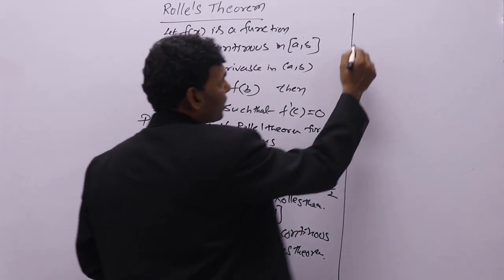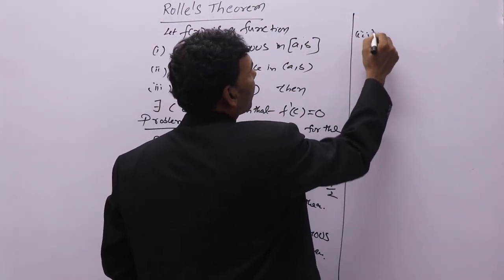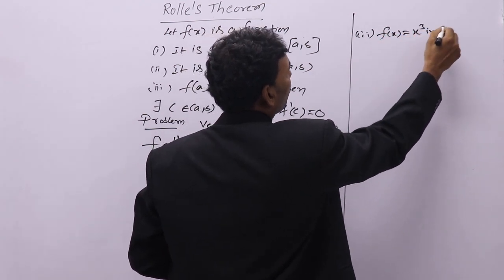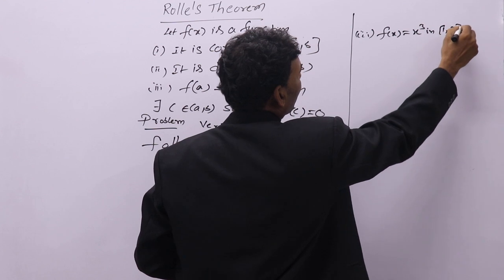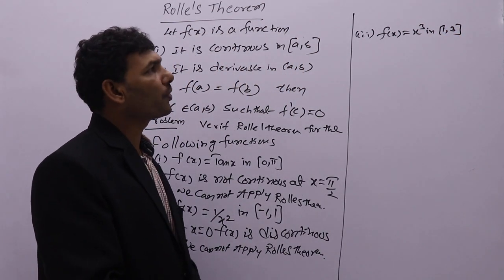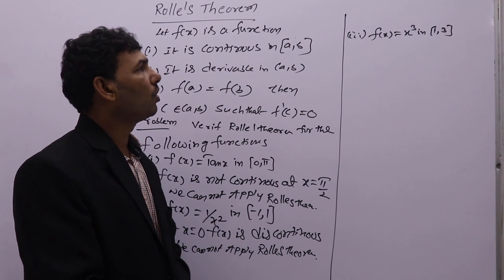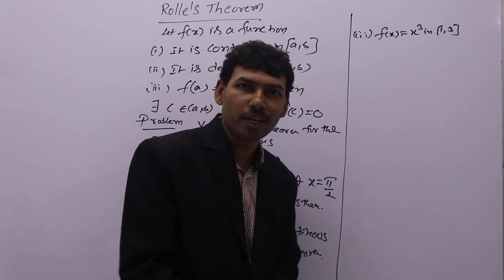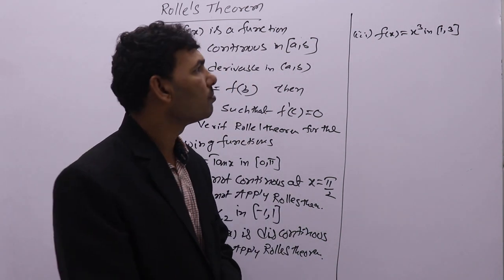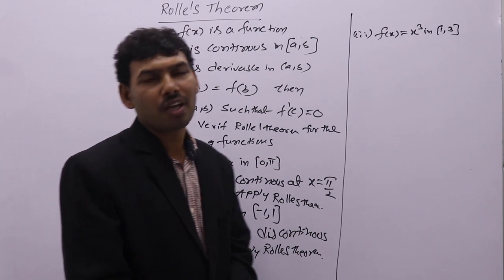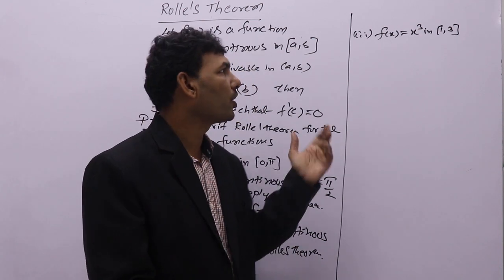Coming to the next one, f of x equal to x cube in closed interval 1, 3. F of x equal to x cube. So here, just now I said the important properties which you need to remember: x cube, x power positive integer, which is a polynomial.